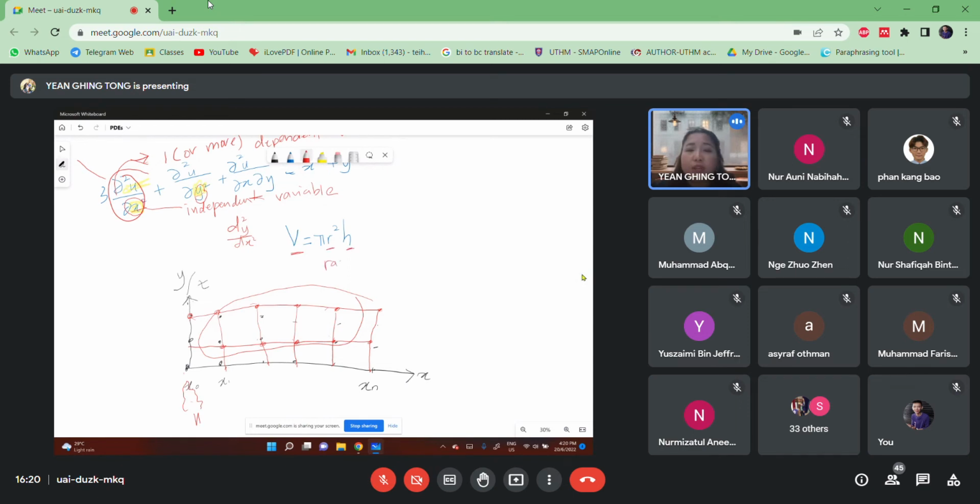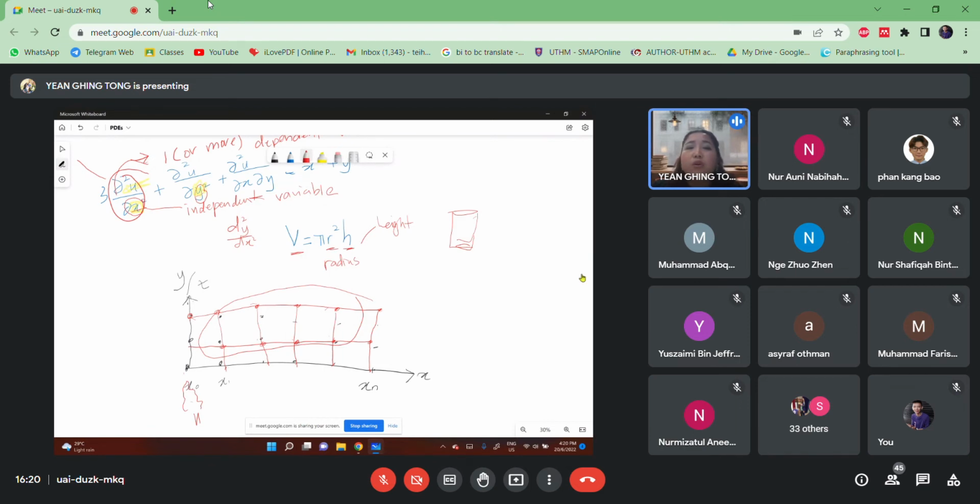This is the radius, right? And this is the height of the cylinder. Let's say we have a cylinder like this. What makes the volume of the cylinder change is the radius and also the height. So these are two independent variables.